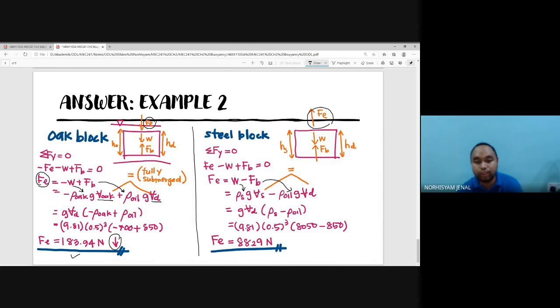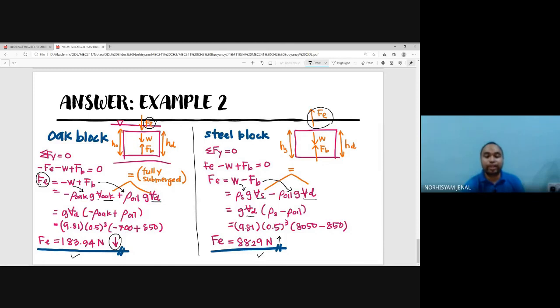As usual, it is fully submerged, so these two, VD and V steel, will be the same. So we factorize it, and the density of steel minus the density of oil. So you get the answer to be FE of 8829 Newton in the upward direction.